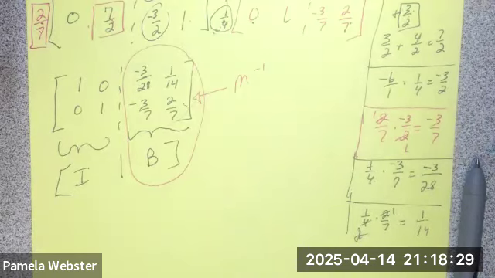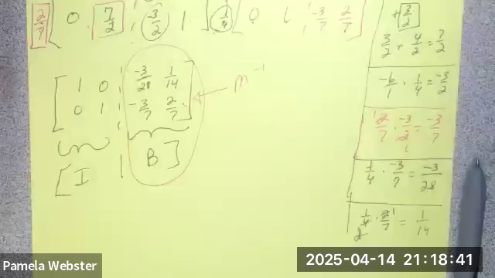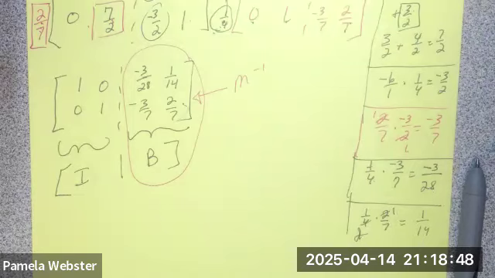Let me check my math really quickly. Yep, I did that one. I think that short of doing inverse matrices of a 3 by 3, we are good to go, and I just don't want to get into it because this video is starting to get long.